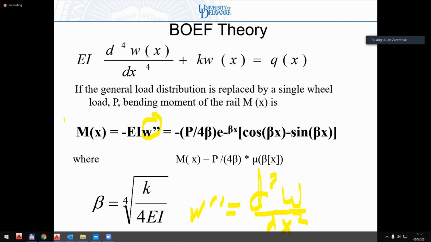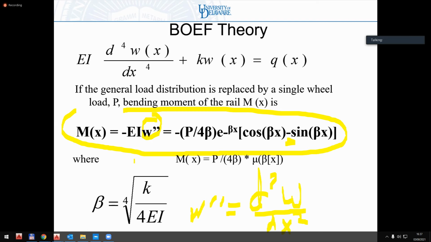you end up with the moment equal to minus P over 4 beta, e to the minus beta x, cosine beta x minus sine beta x. And that's my moment equation, where beta is exactly the same as we said before, the fourth root of k over 4EI, and P is still the dynamic load.